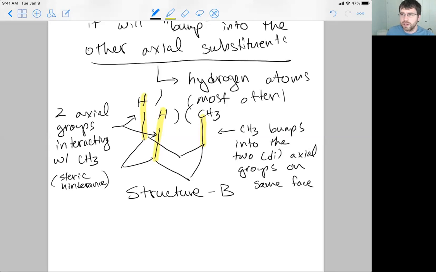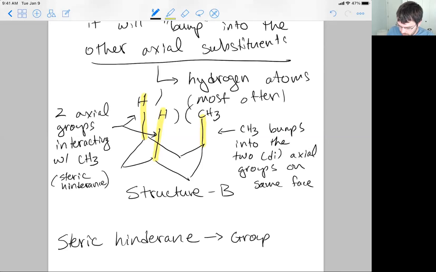I've done too many of these videos to recall if I've defined steric hindrance. So I'll do that again down below where I'm saying steric hindrance is basically saying that groups want to avoid each other in space.